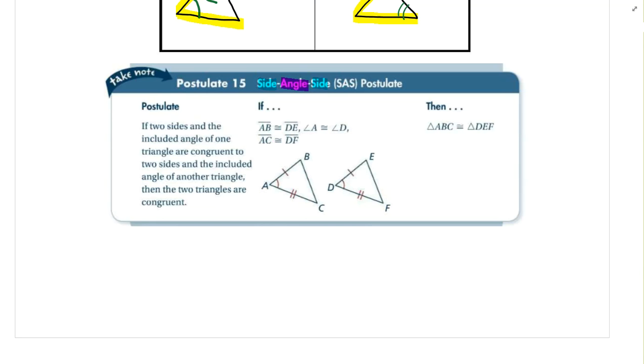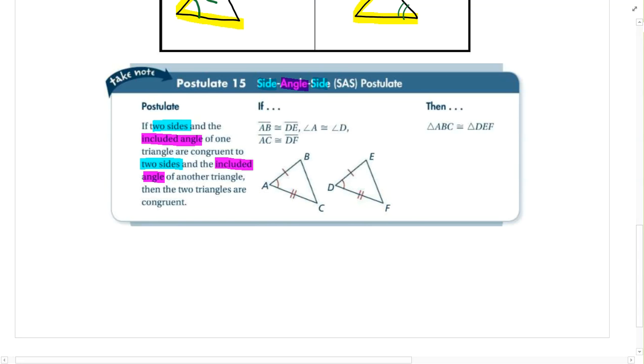Okay, so let's read this. If two sides and an included angle of one triangle are congruent to two sides and the included angle of another triangle, then the triangles are congruent. That included angle part is really important because if it's not an included angle, it doesn't work.